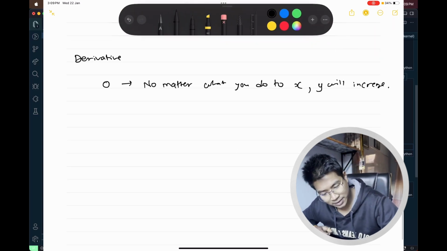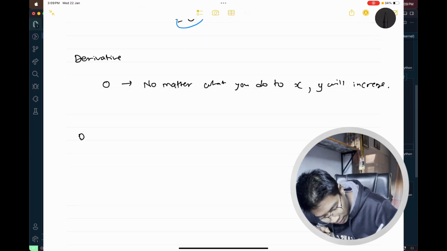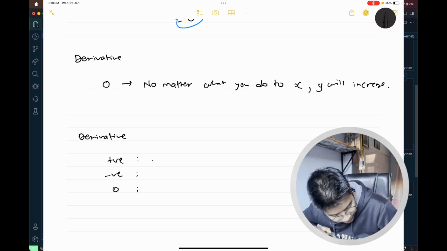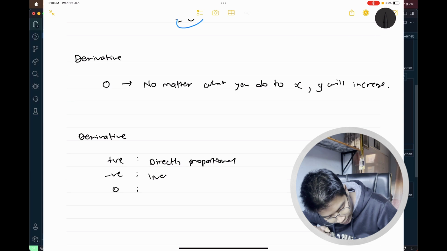So we have three things now of a derivative: positive, negative, and zero. Positive just means that you are directly proportional. Negative means you are inversely proportional.